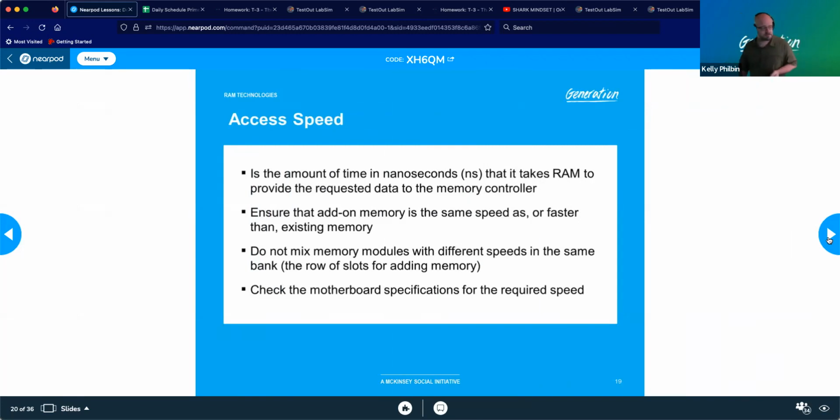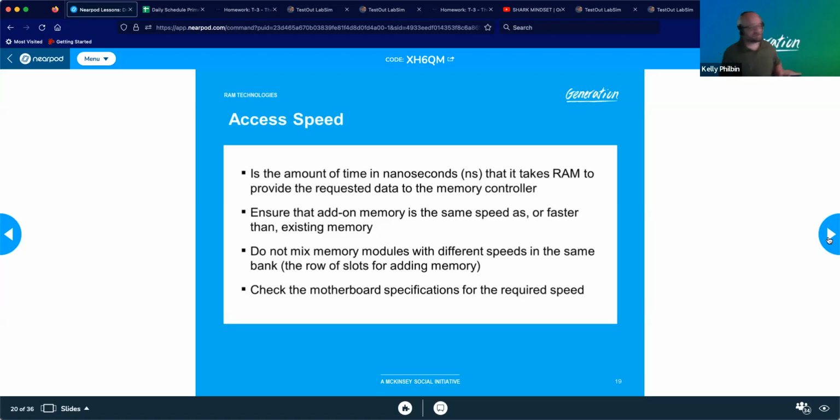Access speed. This is measured in nanoseconds, and this is essentially the amount of time it takes for the RAM to provide the requested data to the memory controller. If you're adding memory to a system, ensure that it is at the same speed or faster than existing memory.